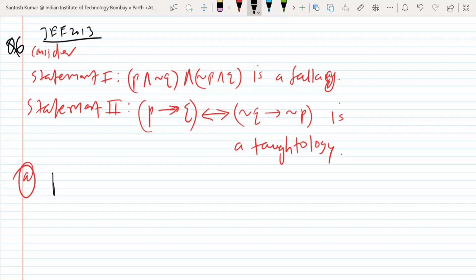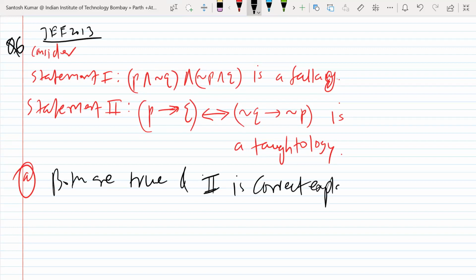So like this, okay? Both are true and statement 2 is the correct explanation for statement 1.